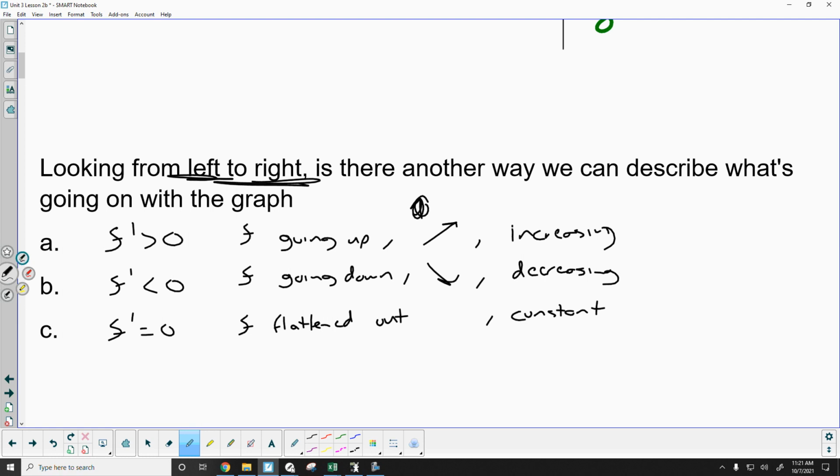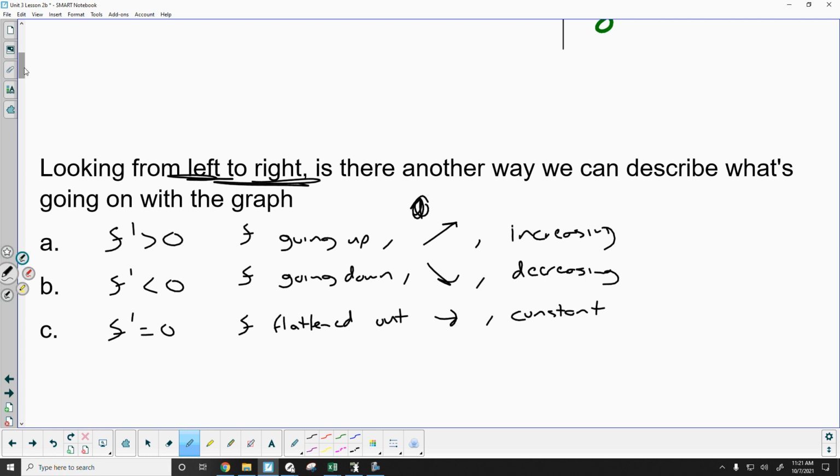We're just going to say it's constant, it's flattened out. Now, we won't always live in f prime land. Eventually we're going to look at the physics and calculus connection, and we'll talk about velocities of objects.